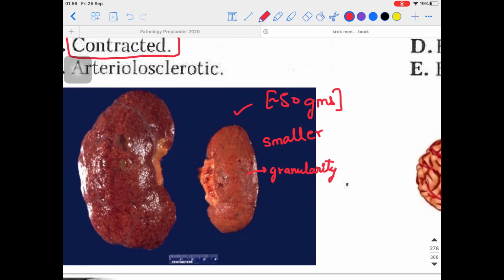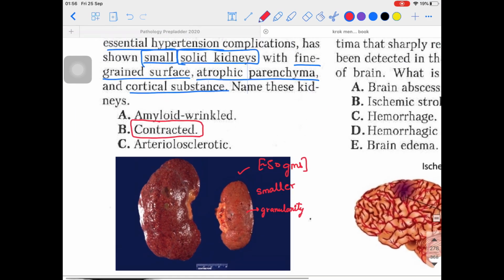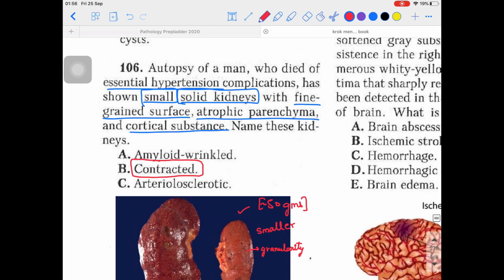Sometimes there can be many causes: chronic renal insufficiency can be there. Sometimes there can be infectious causes, for example chronic pyelonephritis or chronic glomerulonephritis. Look, in this particular question they mentioned the essential hypertension component. So due to the essential hypertension, the patient has small solid kidneys.